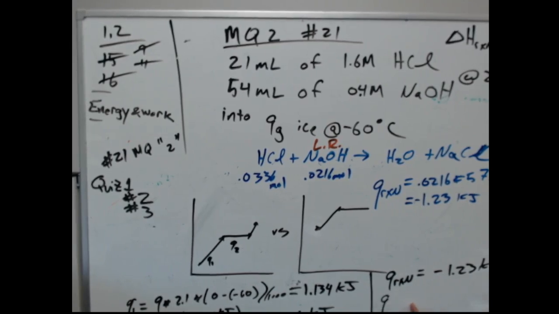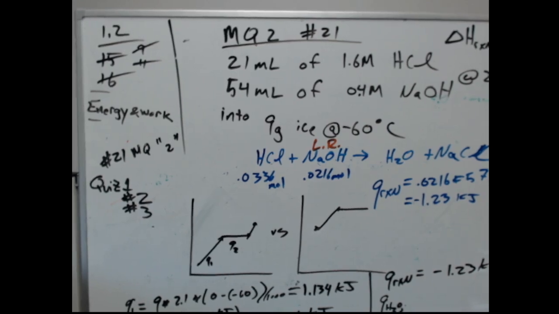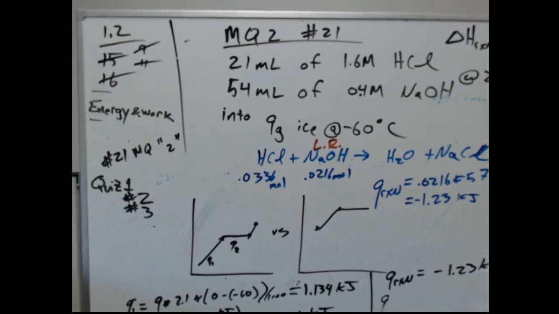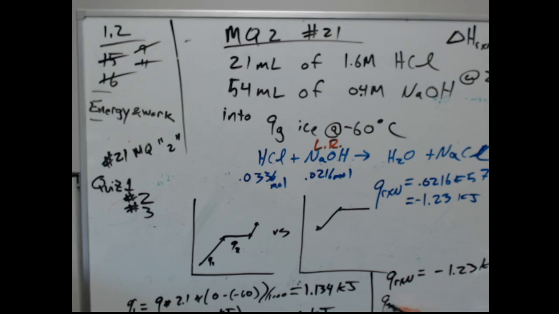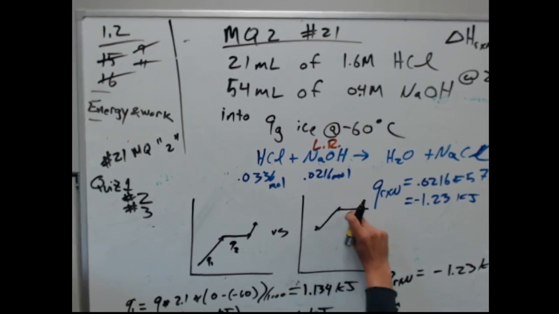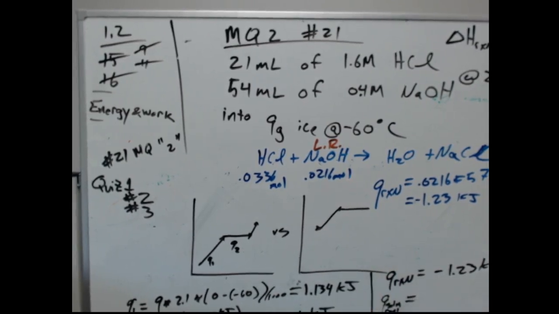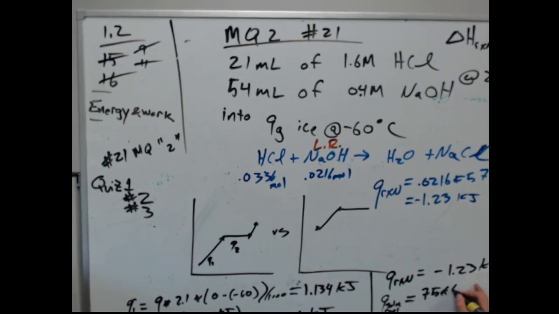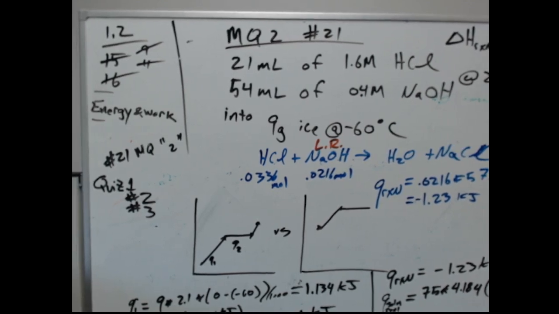But then we're also going to have our Q of our water cooling. This is not melting ice. This is the Q of the solution cooling, this downward arrow here. And that is going to be 21 plus 54 is 75 times 4.184 times how much energy could we possibly lose.